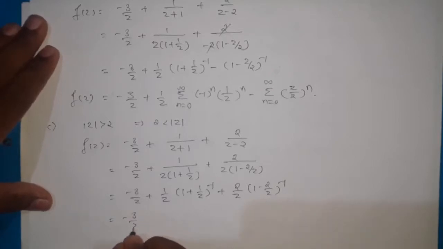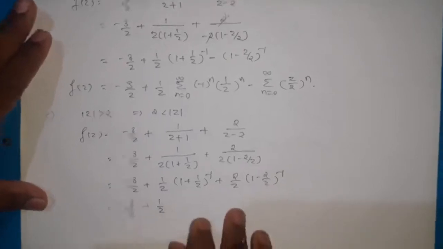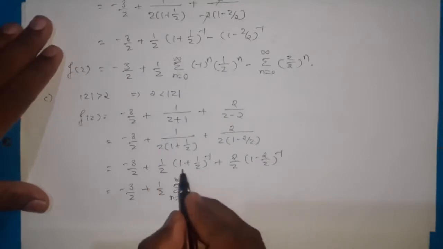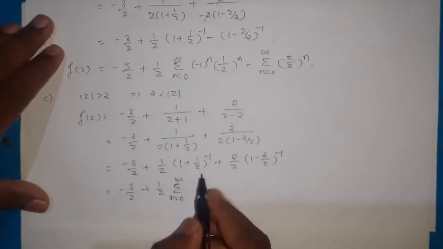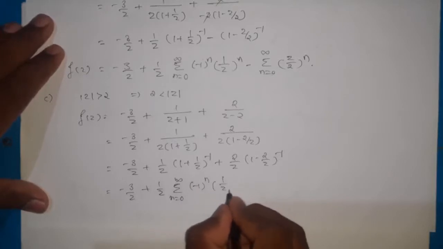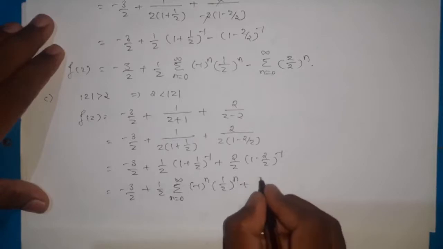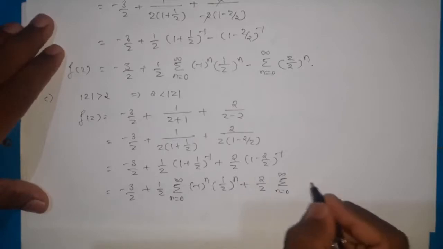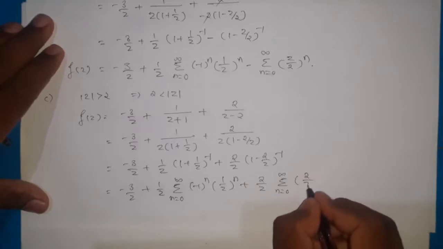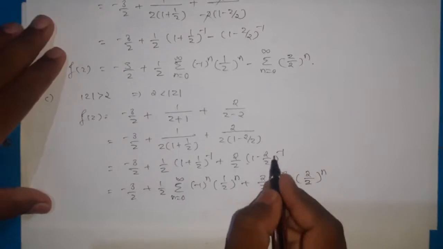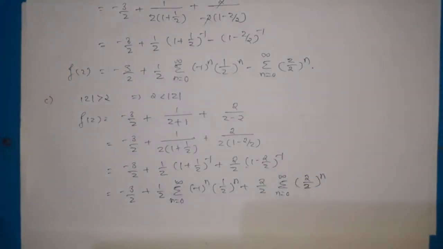So minus 3 by z, 1 by z, summation over n equal to 0 to infinity. Here 1 plus x, therefore minus 1 whole power n, 1 by z whole power n plus 2 by z, summation over n equal to 0 to infinity, 2 by z whole power n, because it is of the form 1 minus x whole power minus 1.